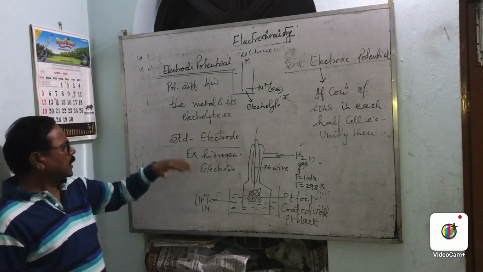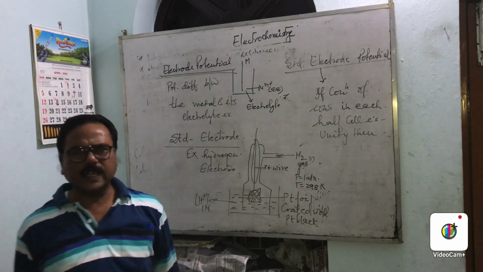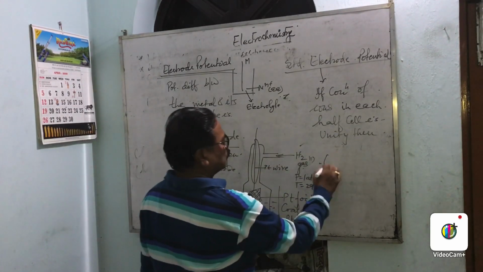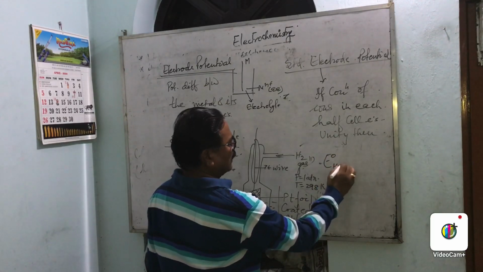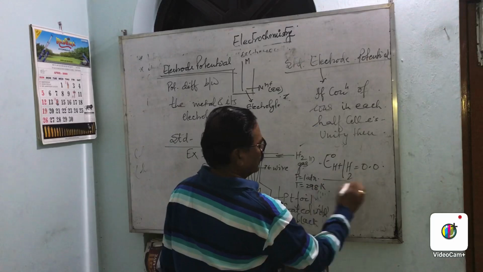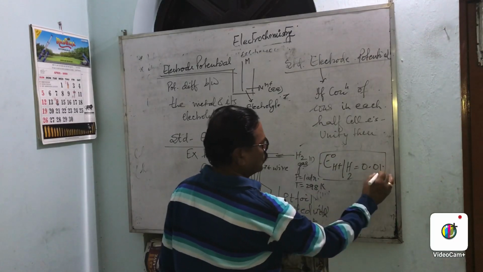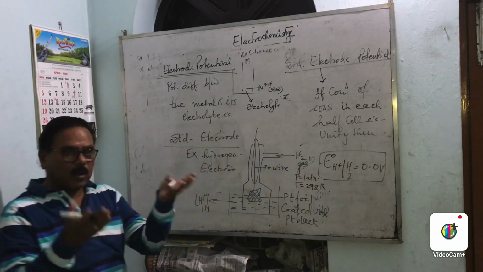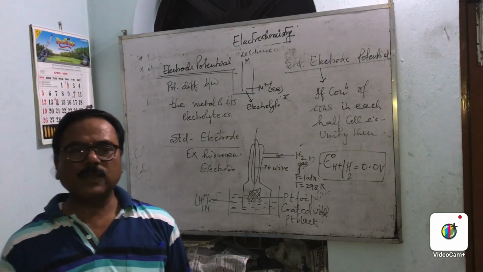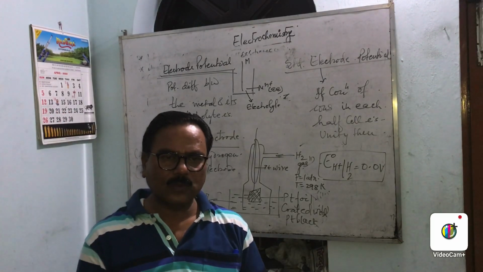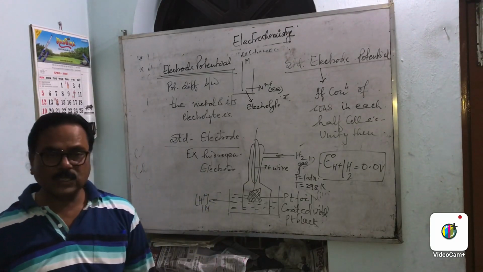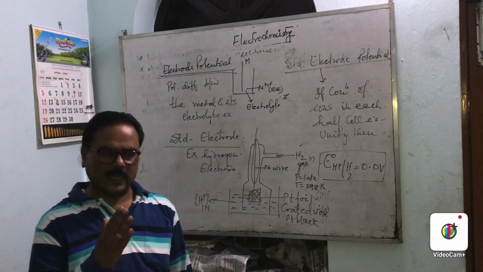So here this hydrogen electrode is taken as the reference electrode because its standard electrode potential value is known. This value is 0.00 volt. And with the help of this standard hydrogen electrode, we are able to find out the electrode potential of an unknown metal electrode.